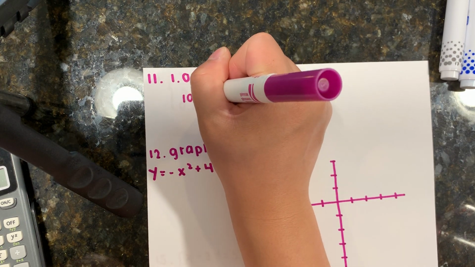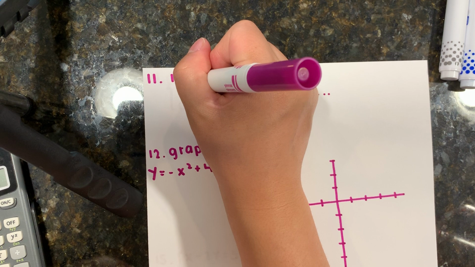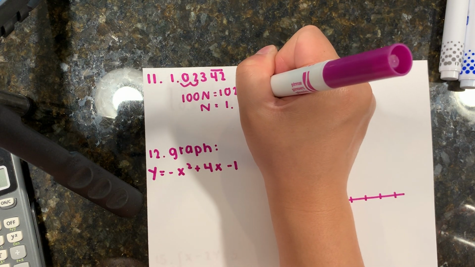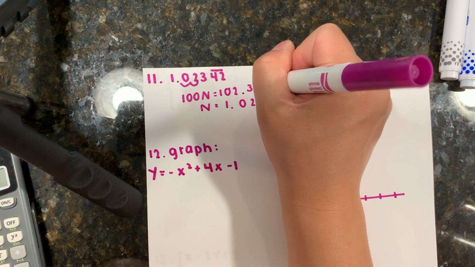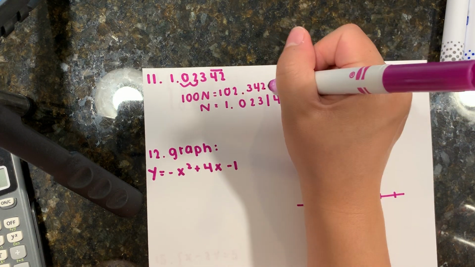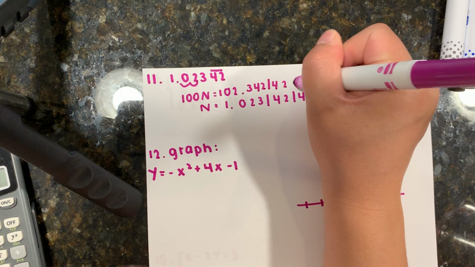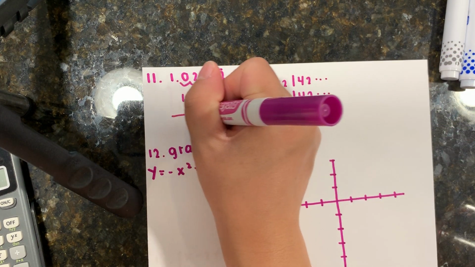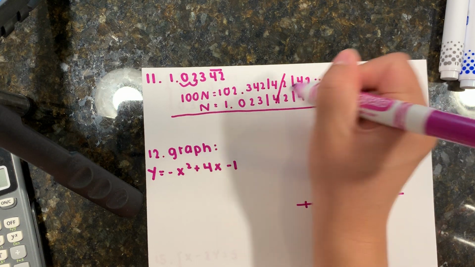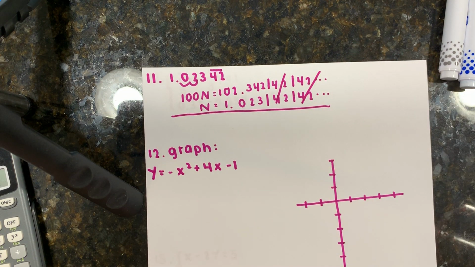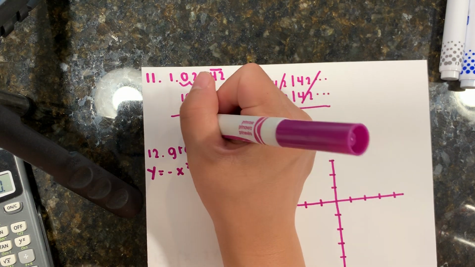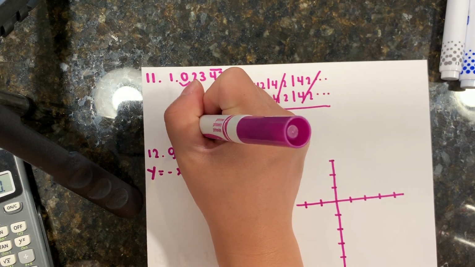So 100N would make this 102.342, 42 repeating. Now when I subtract these, the repeating 42 would go away. And now I have 100N minus N, which would be 99N.